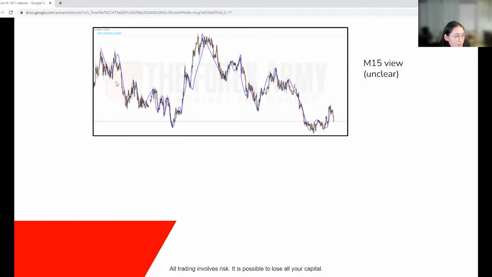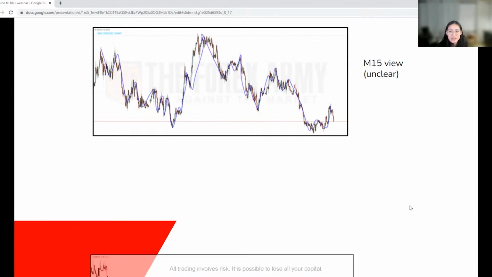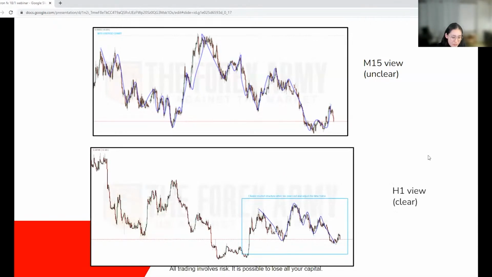You can see there isn't really a very clear trend, no clear market movement as well. But if we zoom out and look at the 1 hour time frame, it's quite clear, especially in this highlighted area. We have much clearer movement, and it's less messy compared to the M15 one.